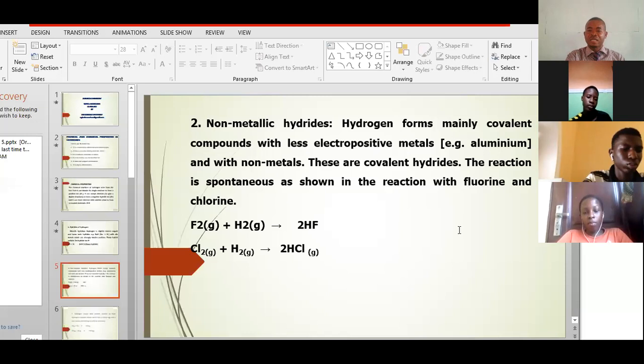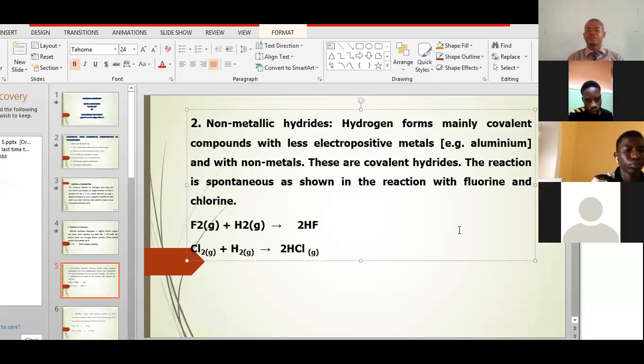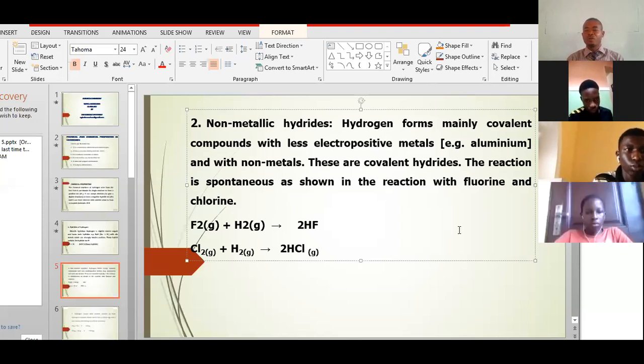Another example is rusting of metal. Another example is the reaction of oxygen with your blood to form oxygenated blood.